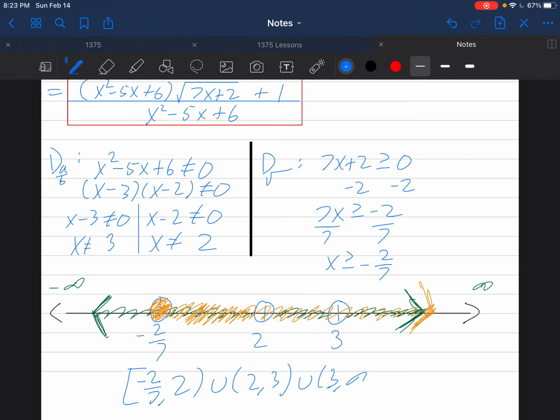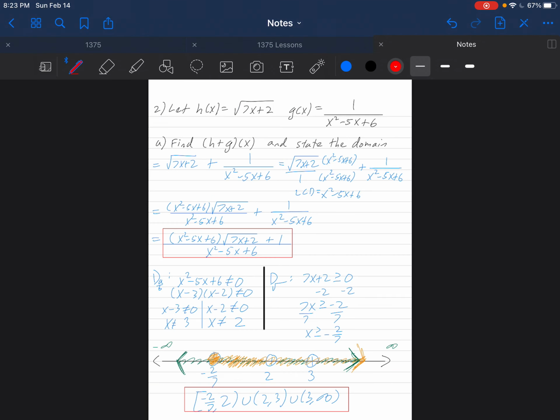Union, 3 to infinity. This is the domain for our added function, h plus g. So notice that we had to look at the domain of this radical function and the domain of this rational function and essentially combine them together.